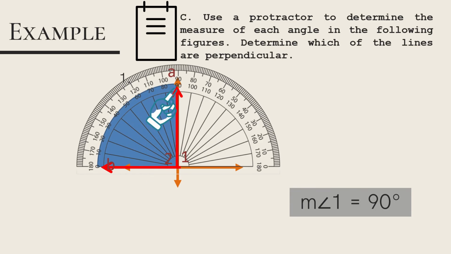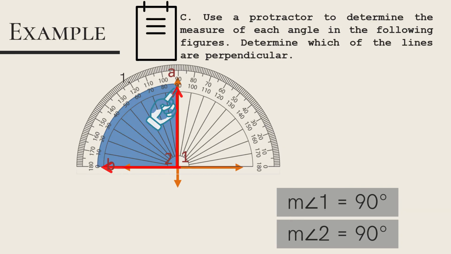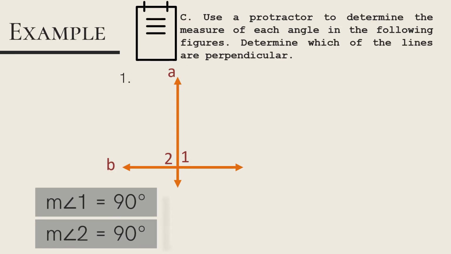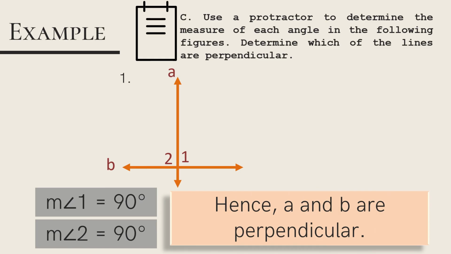Since the measure of angle 1 and the measure of angle 2 are both 90 degrees, hence angle A and angle B are perpendicular, since they form angles which measure 90 degrees or right angles.